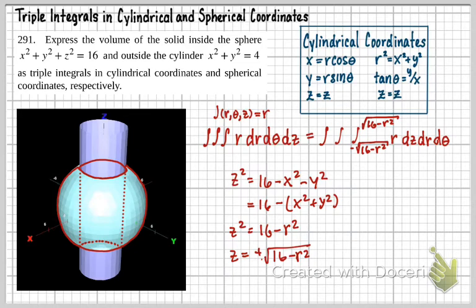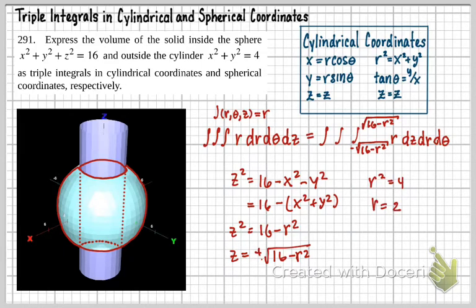Now r runs from, now remember the center here is gone. We don't have any of that there. So that's out of there. And if you think about r then, I would have to look at this equation here, which gives me r squared equals 4, which tells me r equals 2.